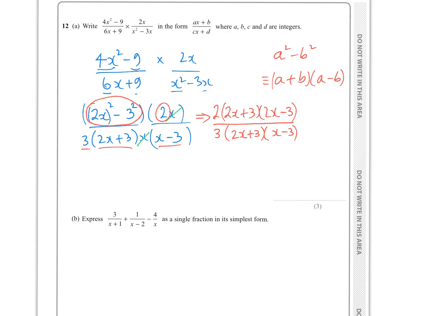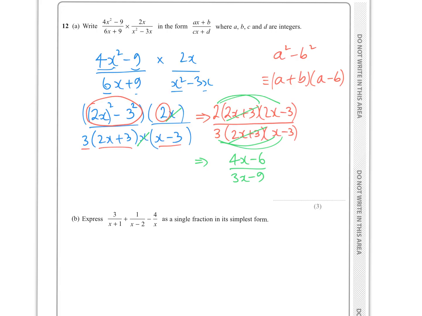So I can see here this cancels also, and I just have to multiply this back in. So you'd have 4x minus 6 over 3x minus 9. And that would be the form that you wanted it in, ax plus b over cx plus d.